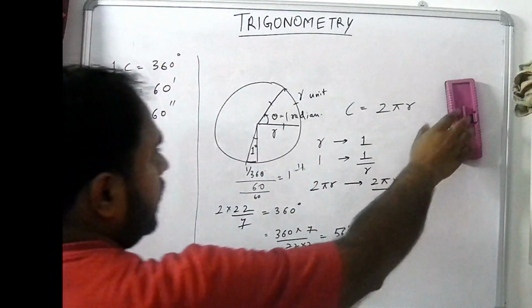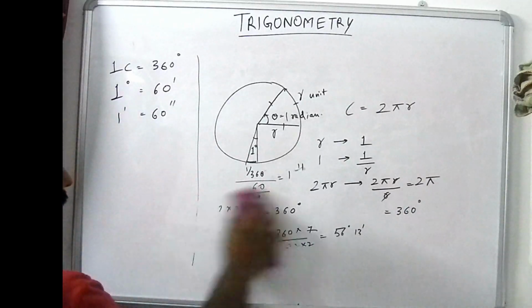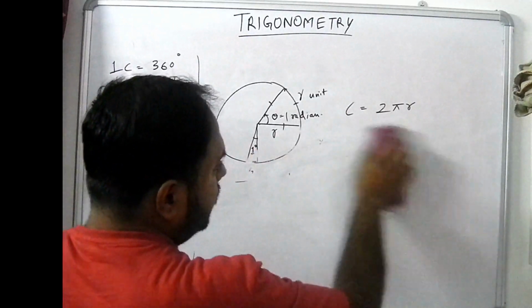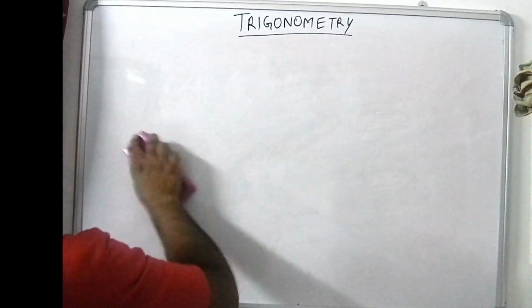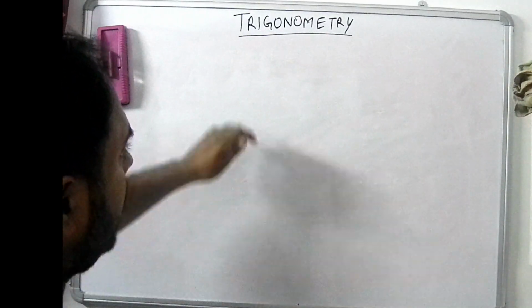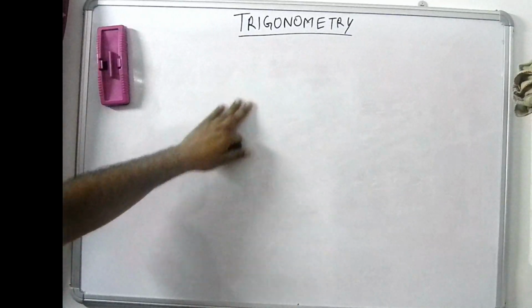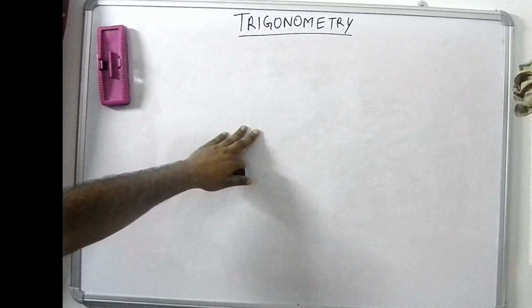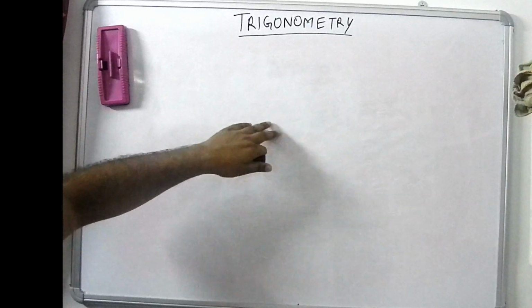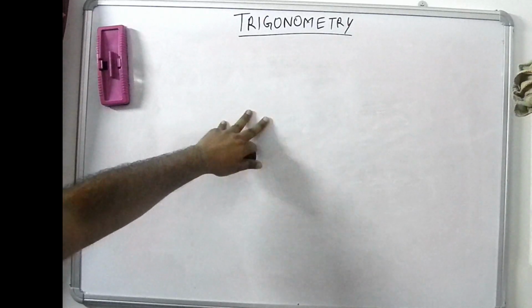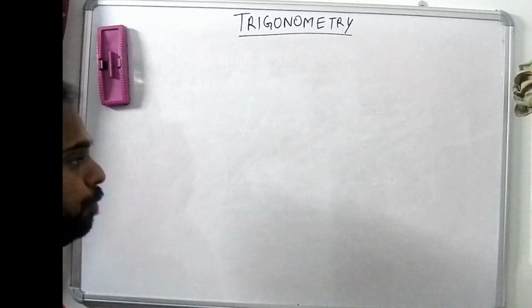So from here we can derive a formula from whatever we have discussed till now. How does the formula go? As I mentioned, when we cover a distance of r units of circumference around a circle with radius r, then I cover an angle of 1 radian.